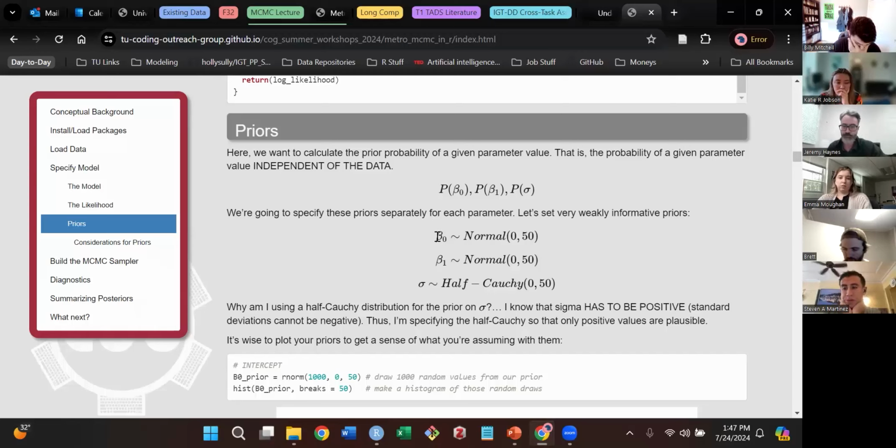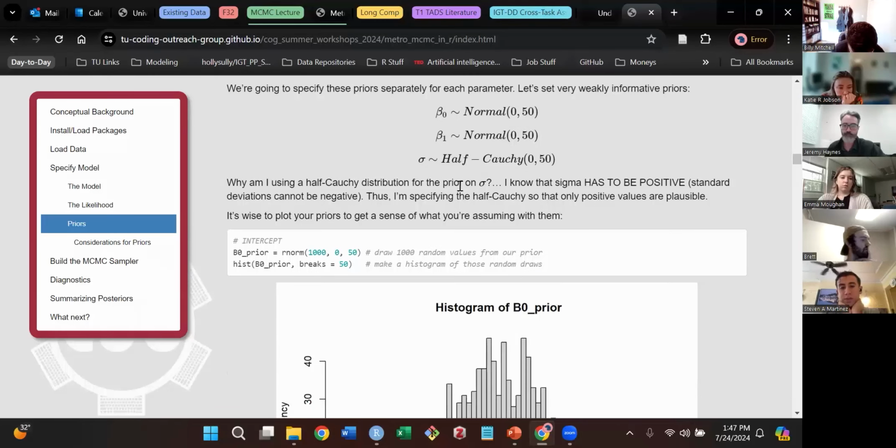So here for the intercept, I'm setting a normal distribution with a mean of 0, standard deviation of 50. Likewise for the slope coefficient. And then for the standard deviation, I'm setting a half Cauchy distribution that has, I think, does it take a standard deviation? It might be a location or a spread parameter. No, it is a sigma. We'll see in a second. The half Cauchy is a Cauchy distribution that you just cut in half.